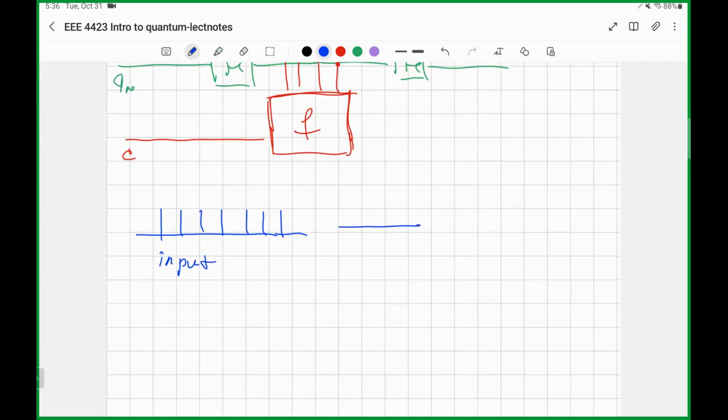Then we do the quantum computation, and the result of the quantum computation is some particular amplitude which is amplified over the level of other amplitudes.